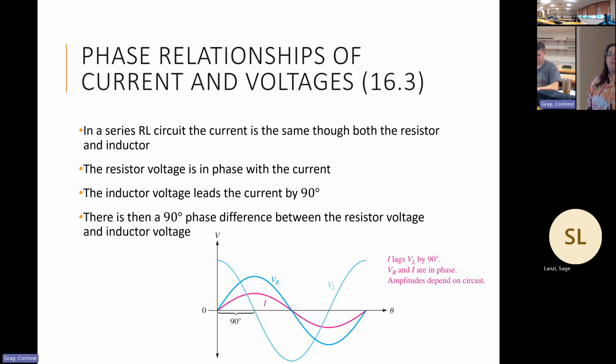Again, that's showing up in our equation for the inductance where it's positive j instead of the negative j that we had for the capacitor.